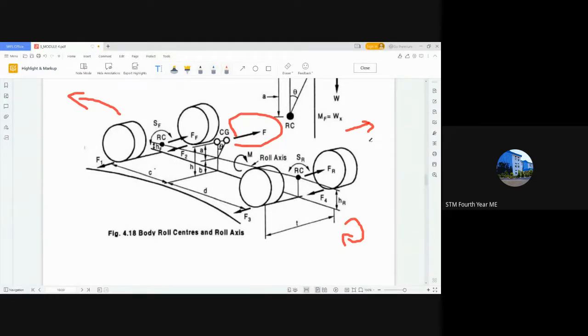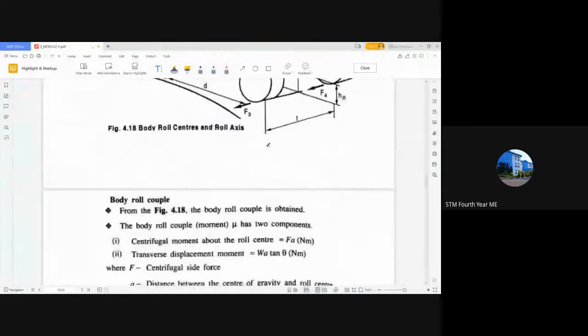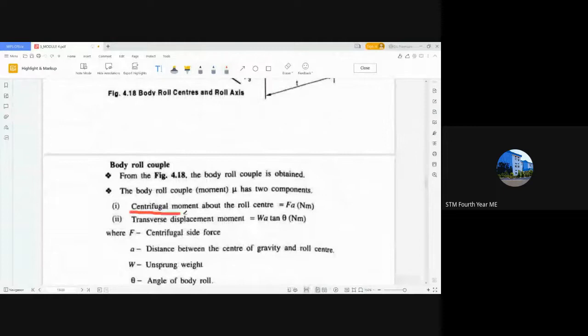So there are two forces, and this translatory sideway motion is occurring due to F. The F that is generated is known as the centrifugal force, and the moment it creates is known as centrifugal moment.